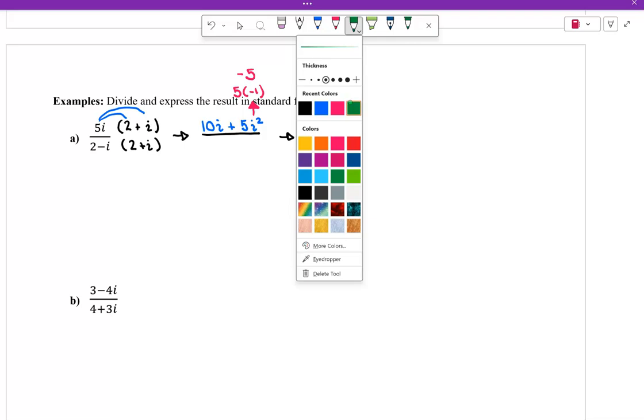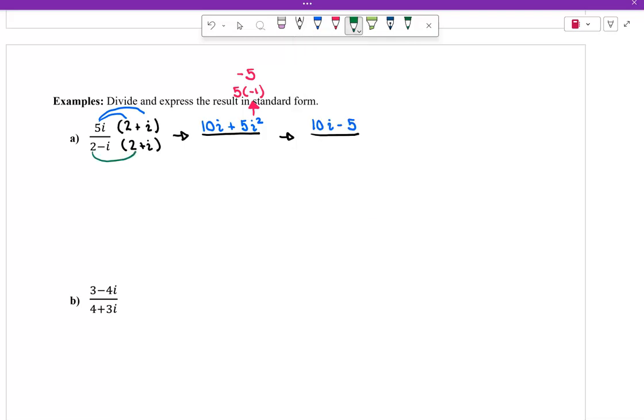Okay, the bottom one, 2 times 2 is 4. 2 times i is a plus 2i. Negative i times 2 is a negative 2i. Negative i times i is negative i squared. So again, this is negative 1 times negative 1, which gives us a positive 1.